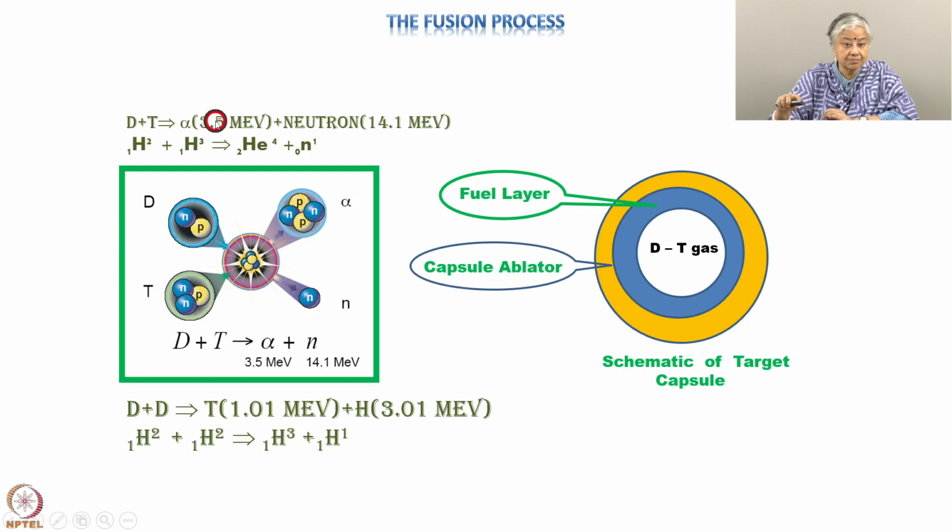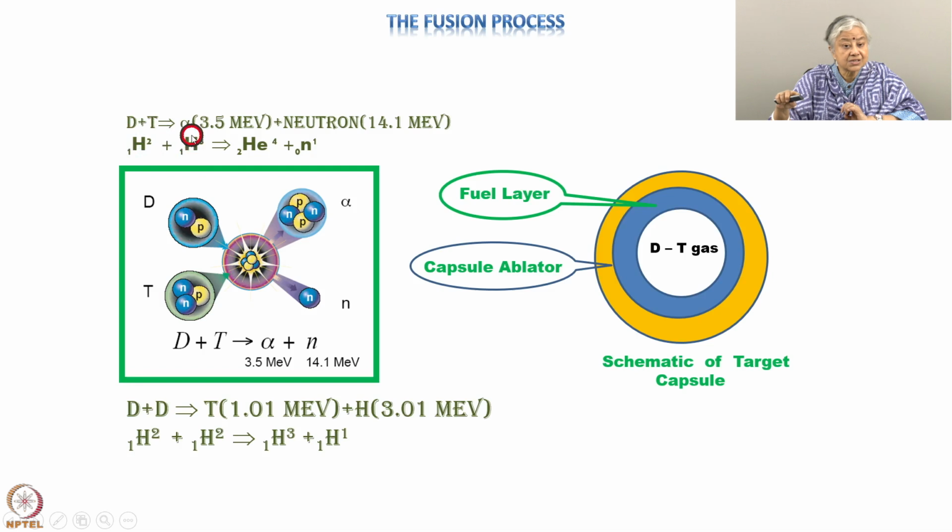Here I just write down the equations. 3.5, this is the same as here. Now, I have put it down as the hydrogen atom. So, deuterium is an isotope of hydrogen which has 2 nucleons in the nucleus, neutron and proton.